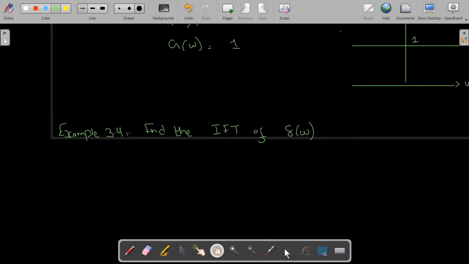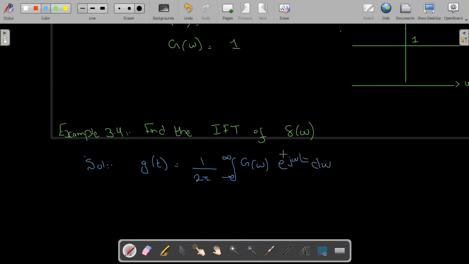Now we know the formula of the inverse Fourier transform. So I'm going to write the solution over here. We have already seen the formula for the inverse Fourier transform, which is g of t equals 1 by 2 pi integration from minus infinity to infinity G of omega, where G of omega is my function, e power j omega t d omega.